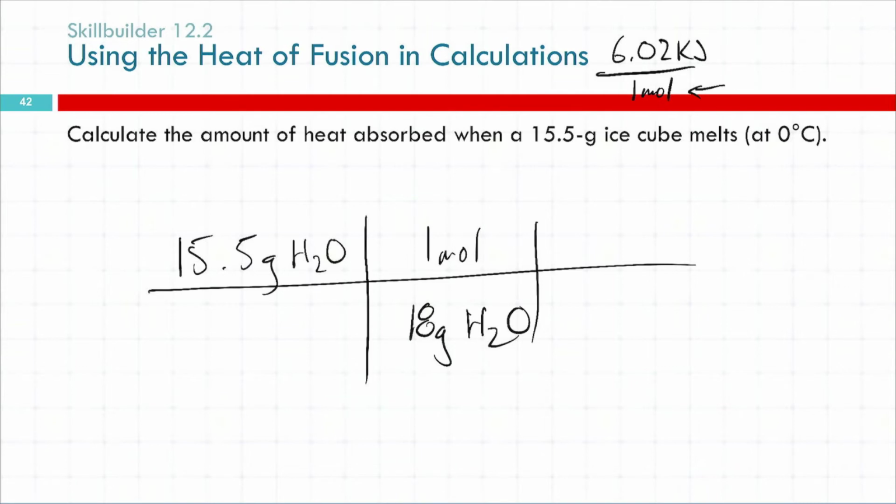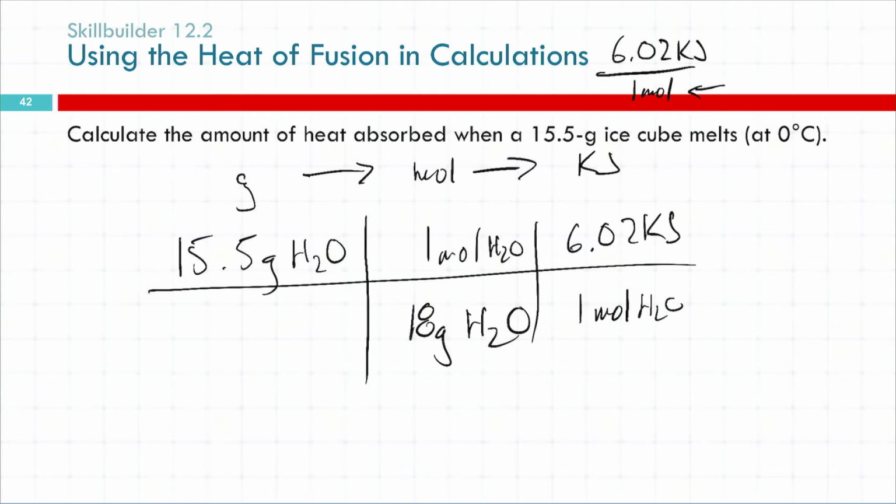So we went from grams to moles to kilojoules next. 1 mole is 6.02 kilojoules of heat energy. 15.5 times 6.02, divided by 18, we get 5.2 kilojoules.